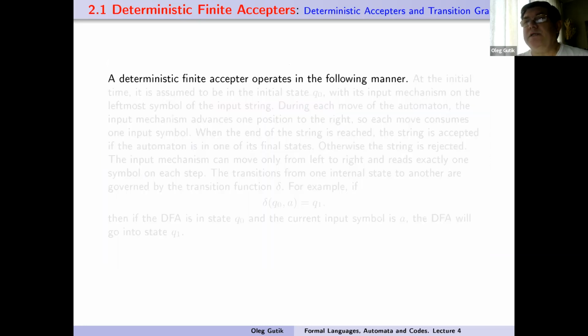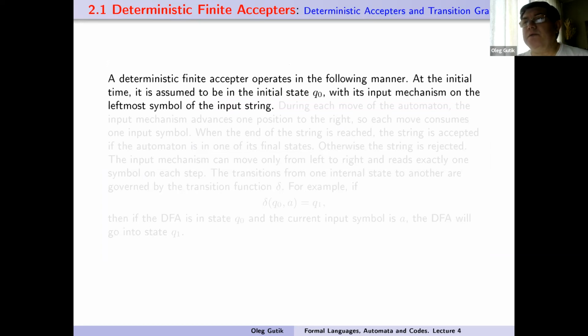A deterministic finite acceptor operates in the following manner. At the initial time, it is assumed to be in the initial state q0 with its input mechanism on the leftmost symbol of the input string.